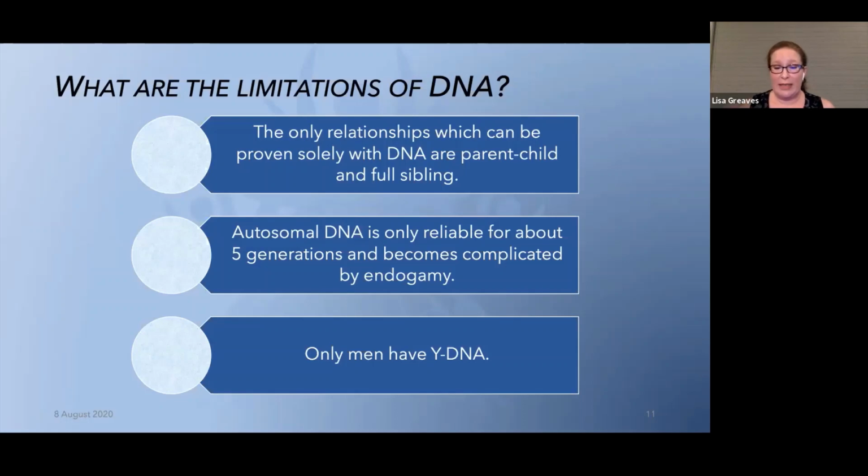And when I say qualifying male, it has to be somebody who is on that patrilineal line. But for example, on my unknown great grandfather, there are no males on that patrilineal line because my grandmother didn't have Y DNA and neither do I. So Y DNA can't help me with that question. So that is a limitation.